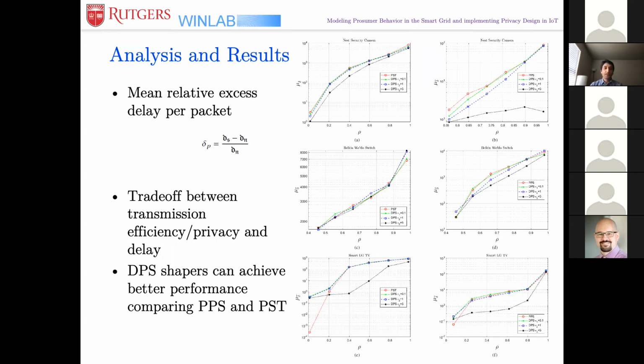We use the metric relative excess delay per packet, the ratio obtained based on one-way delay when a shaper and retrieval system are deployed, and one-way delay when no shaper is used. Each row of the figure shows the results for each device. These figures show the trade-off between transmission efficiency and privacy with buffering delay. It's observed that DPS shapers can have a better performance compared to PPS and PSD.